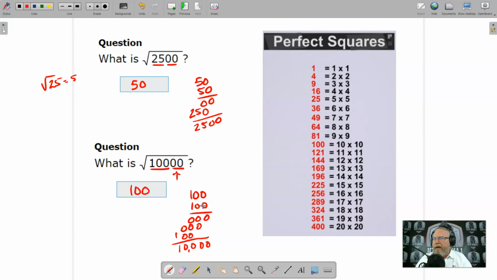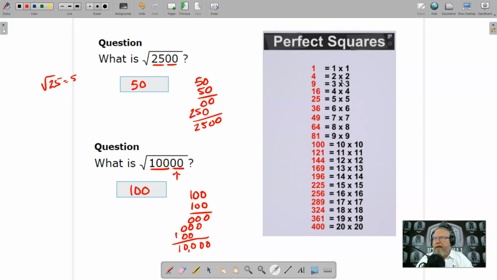All right. Now another way you could approach this is to do a web search and Google list of perfect squares. I've done that, and this is what I came up with. This is one of the examples here. So it gives you the first 20 perfect squares. Anything from 1 times 1 all the way down to 20 times 20.